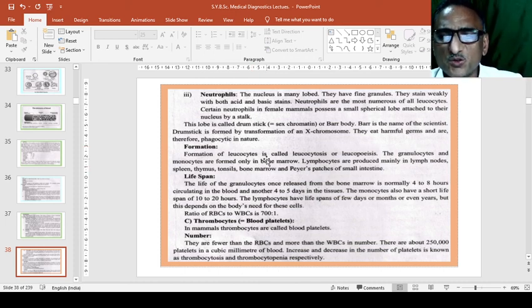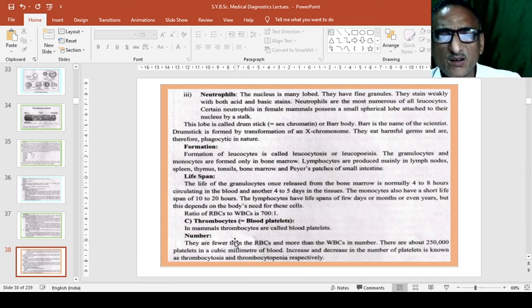The formation of leukocytes is called leukopoiesis. Lymphocytes are produced mainly in the lymph nodes, spleen, thymus, tonsils and bone marrow, and also in Peyer's patches of the small intestine.